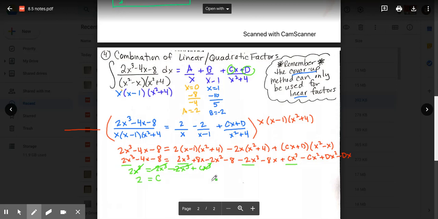Okay. And now I want to find out what d is. So, I mean, I could go down to the x squareds if I want. There's 0x squared on the left. So you could say 0x squared equals negative 2x squared, negative 2x squared minus cx squared plus dx squared.